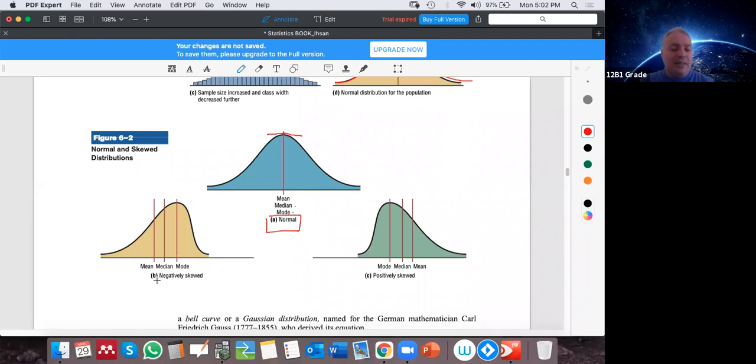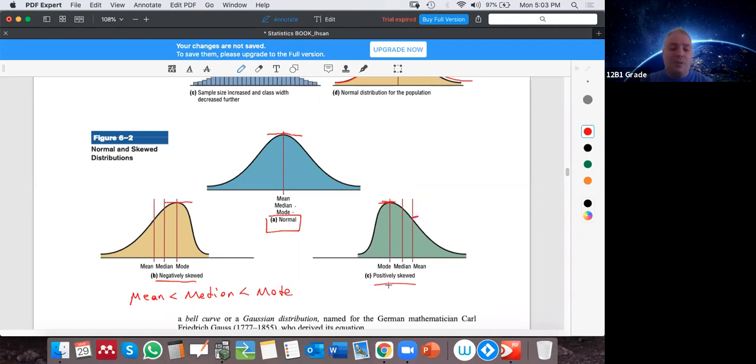Here, this distribution is called a negative skew distribution. For the negative skew distribution, the most important thing, which they ask in the SAT, is that mean is less than median, and this is less than mode. So the mean is on the left of the peak point. But for positively skewed distributions, the peak point is here, and the mean is on the right side.